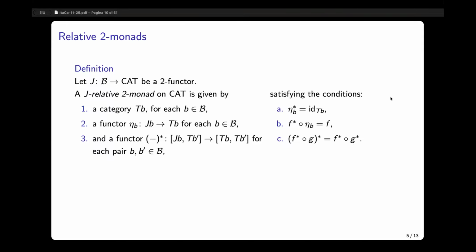So again, this will tell us how to extend functors along the unit. And indeed, the axioms are exactly saying essentially how this extension should behave with respect to units and with respect to compositions, let's say.